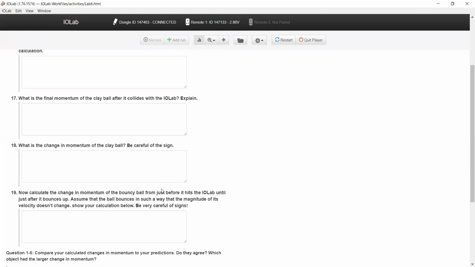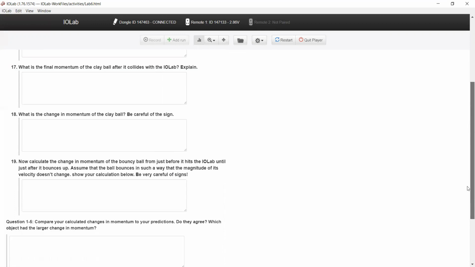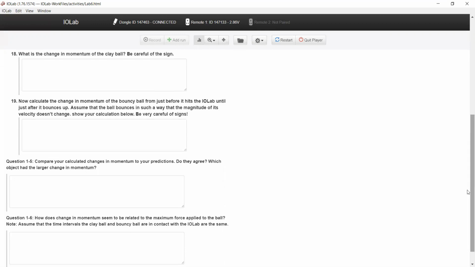It's going to be the same as the initial velocity, but the sign will be in the opposite direction. Whatever velocity you get for the first one, take a minus sign for the velocity while doing the calculation for the final momentum. If you take initial velocity as plus, the final velocity is going to be minus. Mass times velocity. The change of momentum is final momentum minus initial momentum. Momentum is given by the equation mass times velocity.